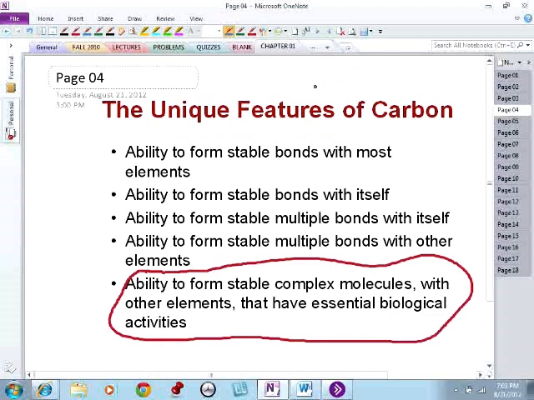So what I've listed here are some of the unique features of organic carbon atoms. What was the first item I said that you should be able to do after you finish this chapter? Anybody remember?